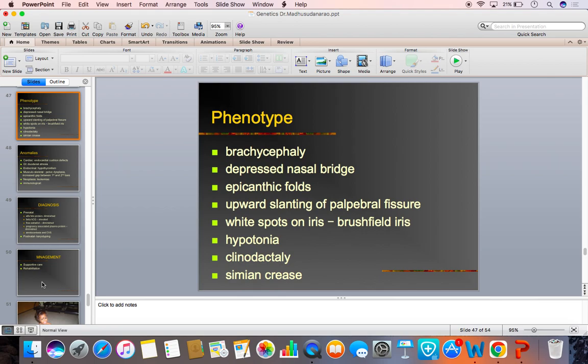Out of all these things, the most important feature that should be remembered is upward slanting of the palpebral fissure. This is the most important feature in the phenotype of Down syndrome.